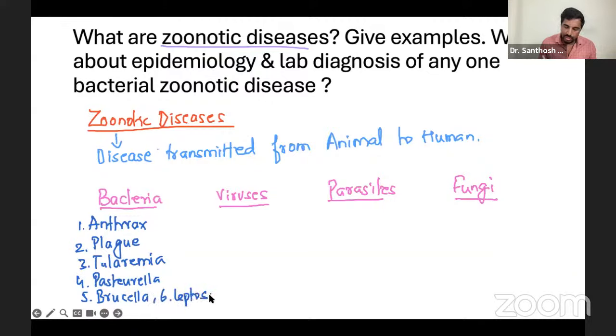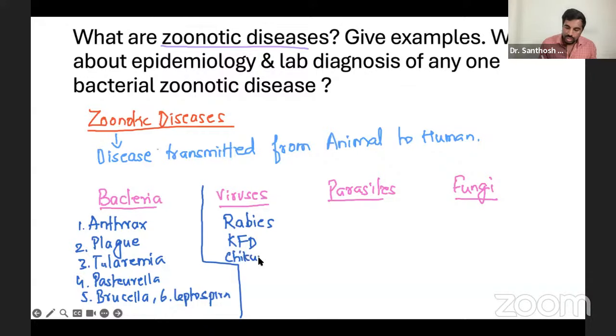Leptospira from the rat, if you remember. Brucella from the cattle or any cow's milk, all those things. So these are the diseases which are bacterial. In viruses, you can easily say one disease, that is rabies, which is usually transmitted from a dog bite. And Kyasanur Forest disease, if you remember, that is coming from the monkeys.